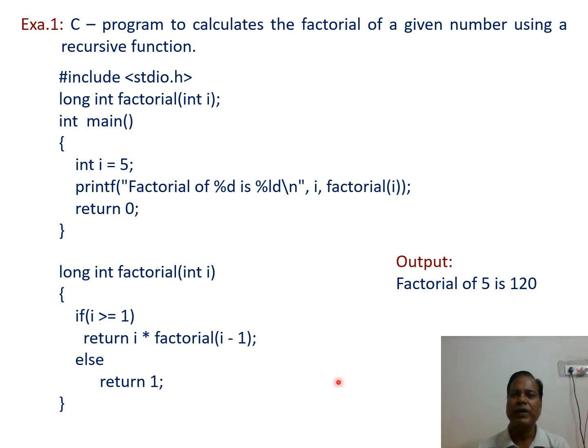So in this way, we discussed what is recursion, what is the recursive process, and an example program in which we calculated the factorial of 5 using the recursive process.